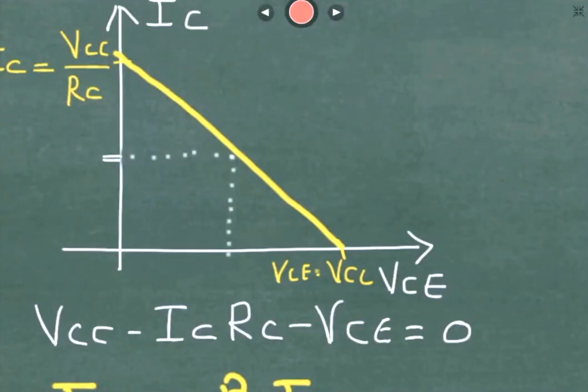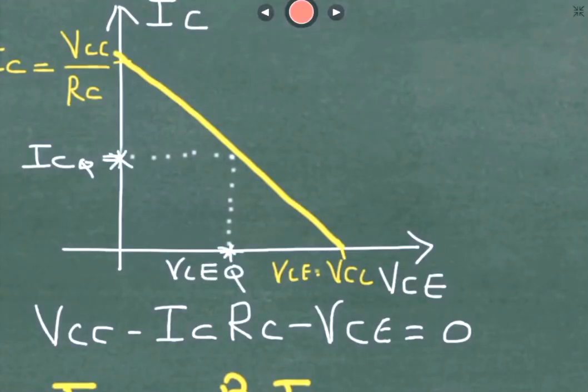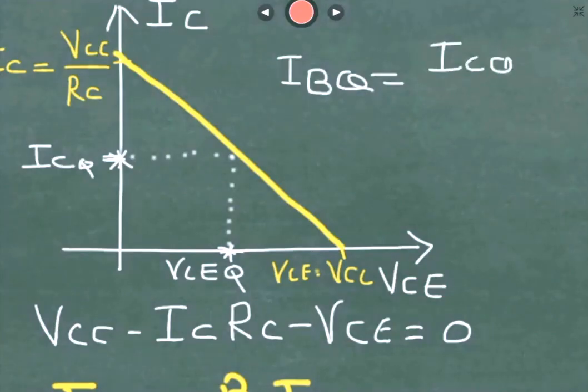This is known as ICQ, that is the Q point current, and this is known as VCEQ, that is the Q point voltage between collector and emitter. If you want to calculate IBQ, then IBQ is equal to ICQ divided by beta.